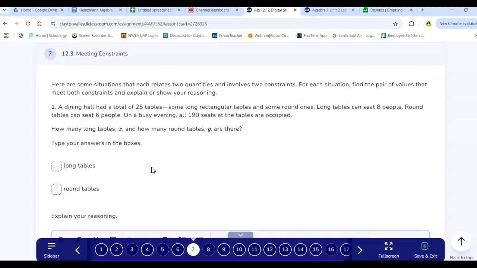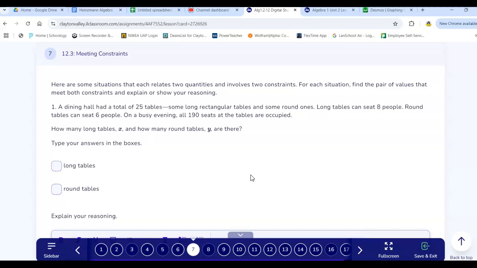So I'm not going to go through this entire activity. I'm just going to say, the third activity in lesson 12 is building. Everything builds on everything else. So now they're just going to give you the two different constraints. Okay?